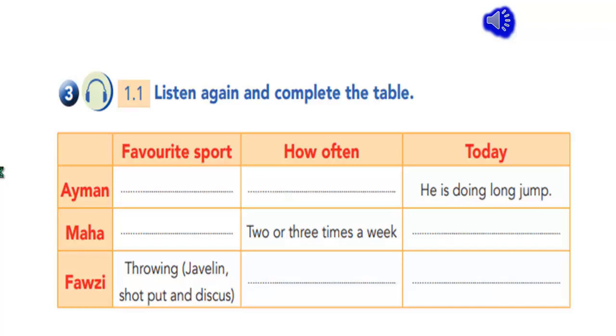Here we're going to write their favorite sports. And in this side, how often they practice it. And in this side, today, what they are doing. Okay? So let's listen together and complete.